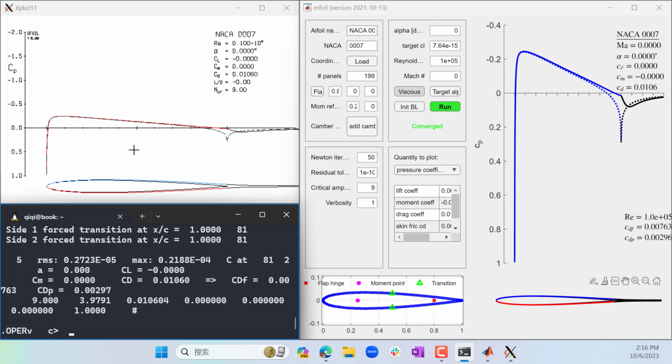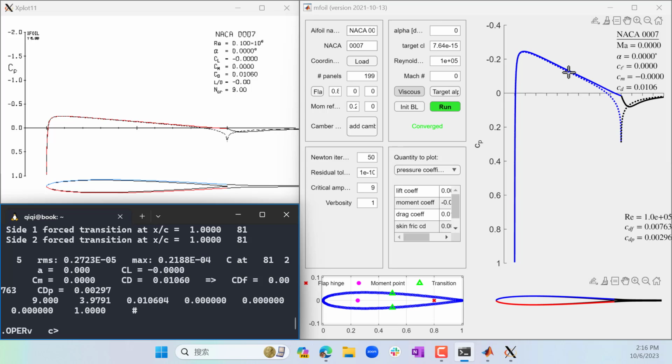For anything bigger that carries people, the Reynolds number is going to be a lot higher. So let's first look at what the boundary layer is going to be like for this low Reynolds number, and then we'll switch to a higher Reynolds number and look at how the boundary layer behaves.